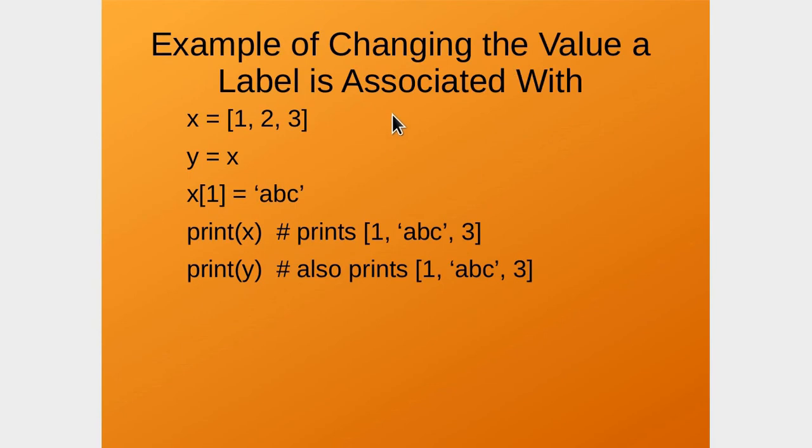Example of changing the value a label is associated with here. We're going to set x to a short list containing just 1, 2, and 3. Then we associate a second label with that same list. Then we replace the second element of the label of list x.